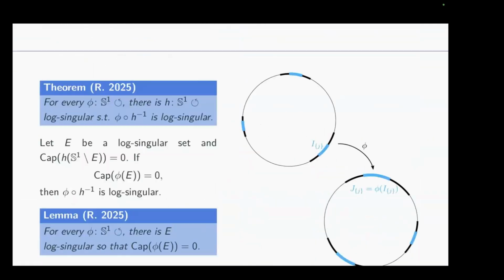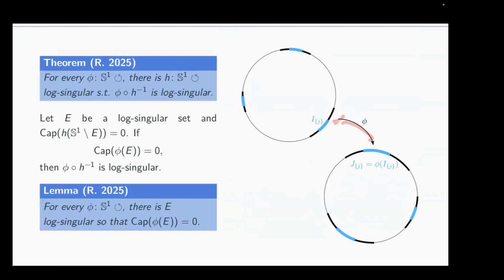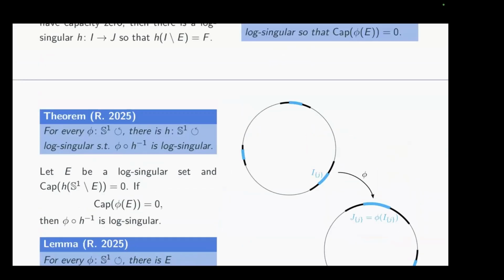And then once you have done that, you just go back and you get a certain subinterval. Since these intervals satisfy the log singular condition, then these subintervals will also satisfy this condition. And from the way you have constructed them, these intervals will also satisfy this condition. So you will be in the hypothesis of this lemma.